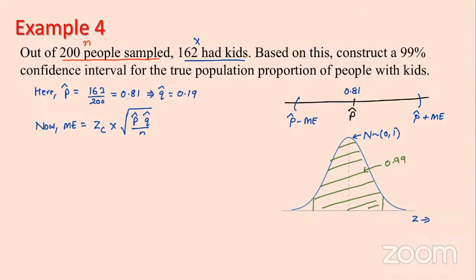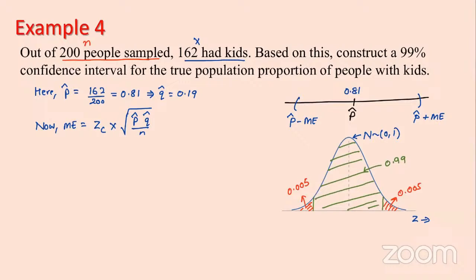So we'll label that half percent area, which is 0.005. Half percent means half divided by 100, right? Half divided by 100 is 0.005.